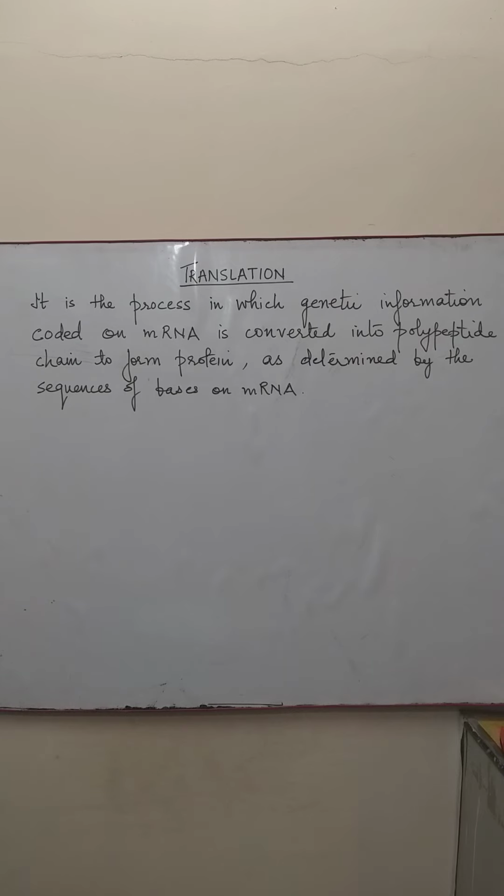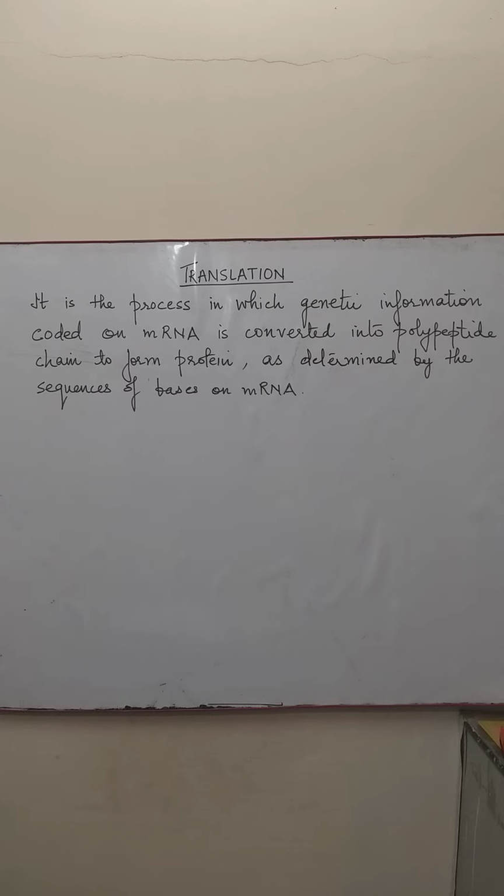And that genetic code is then translated to produce certain kinds of proteins. We have also studied that the genetic code is a triplet codon, and that has to be read again so as to form a certain type of protein.